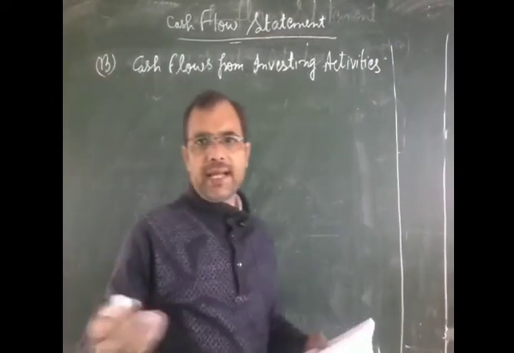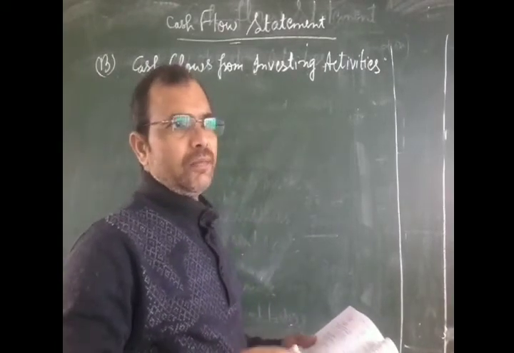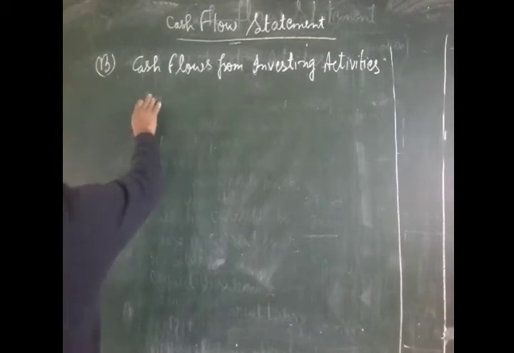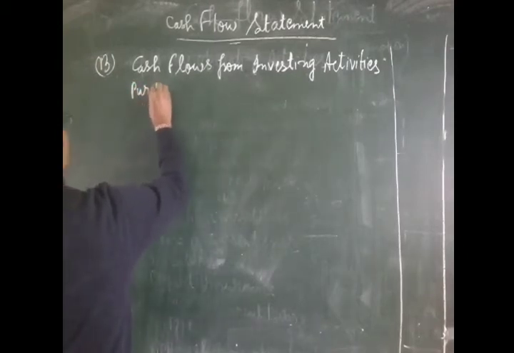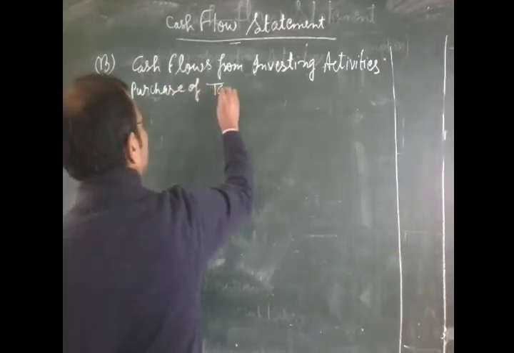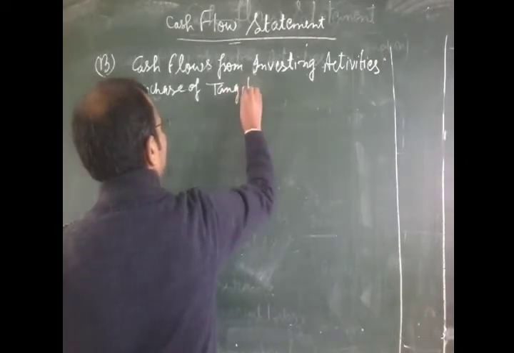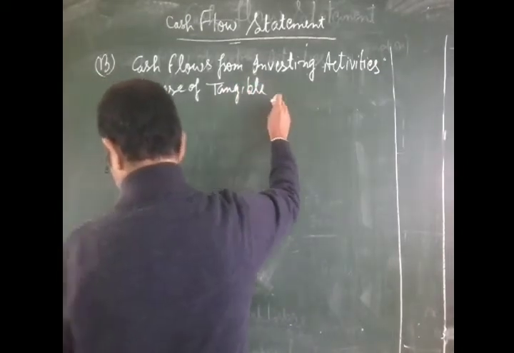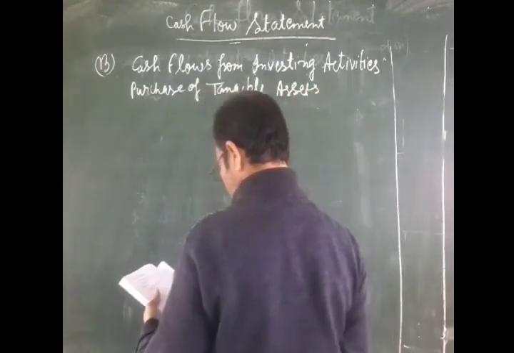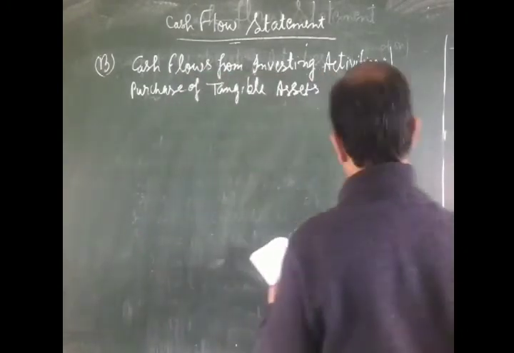Whenever we purchase any asset or whenever we sell any fixed asset, we will write here in this column purchase of tangible assets, and the amount is given 1,20,000.